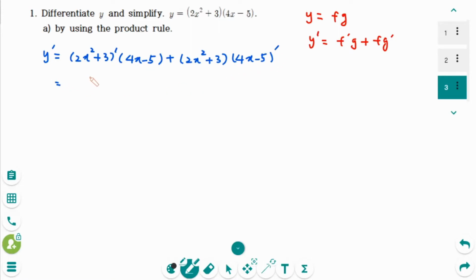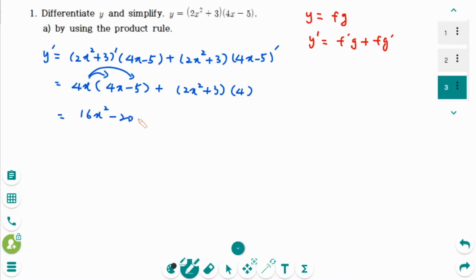Then the derivative of 2x squared plus 3 equals 4x plus 0, then times 4x minus 5, plus 2x squared plus 3 times just 4, then expand. 16x squared minus 20x plus 8x squared plus 12. So 24x squared minus 20x plus 12.